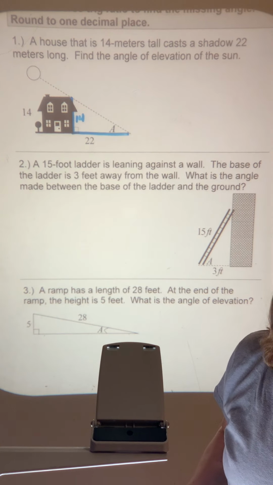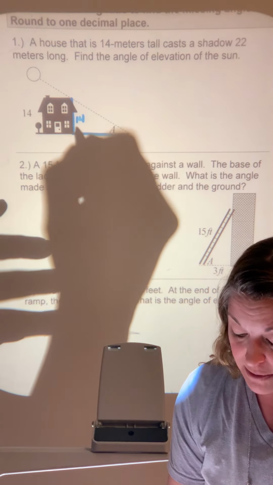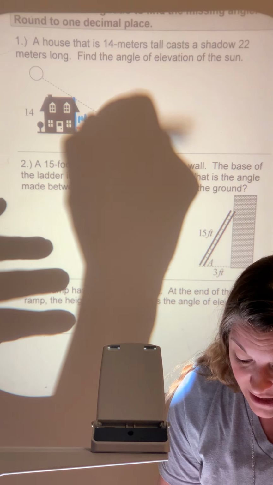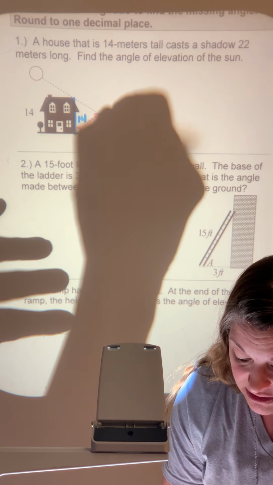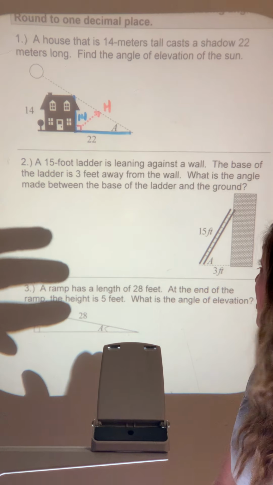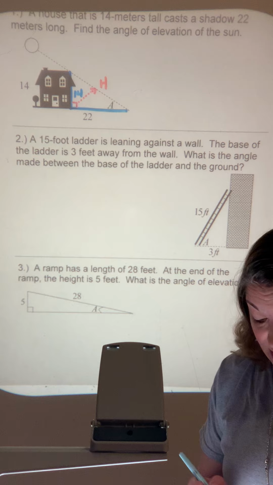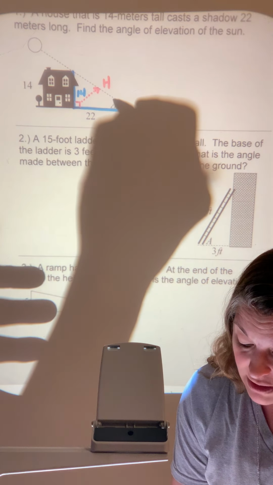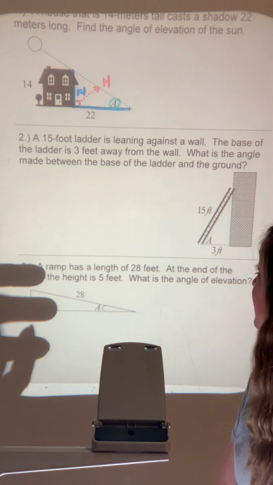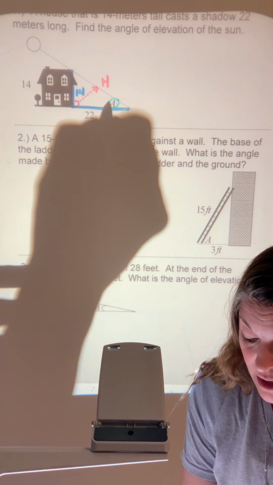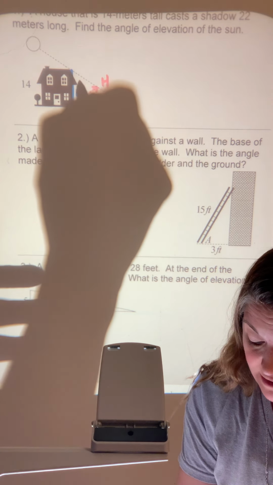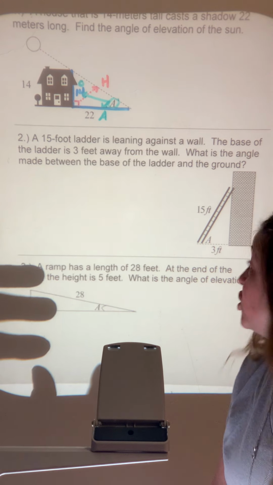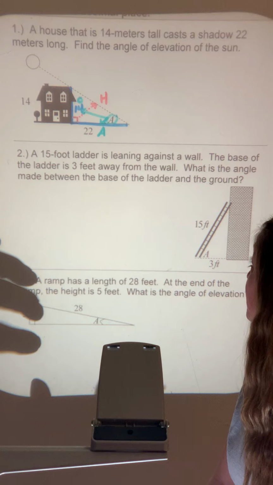All right, just like we do any of our other trig problems, let's identify where that right angle is. The right angle, again, points straight to the hypotenuse, so we know that that side of the triangle is the hypotenuse. And then looking from where the angle is that we're trying to find, all the way opposite of it, right here, will be the 14. The side closest to it, the adjacent, will be the 22.